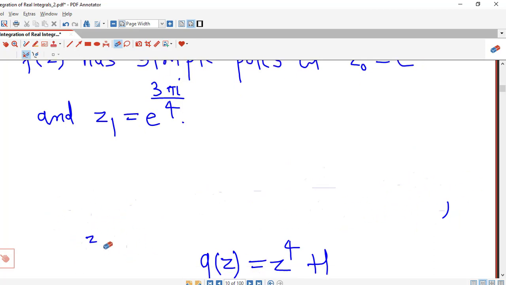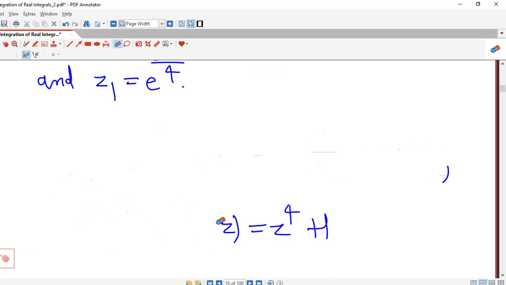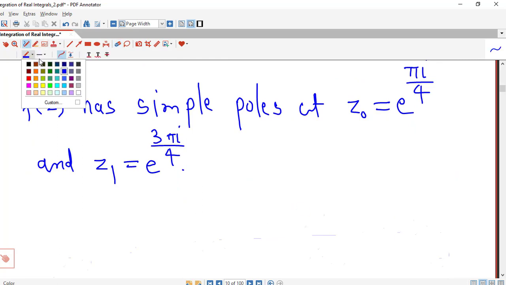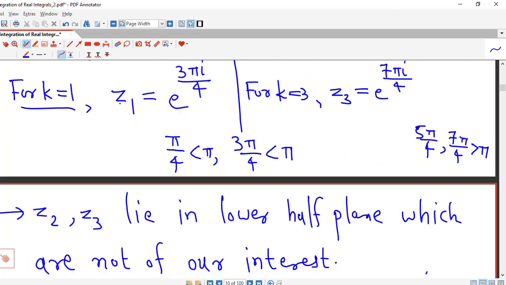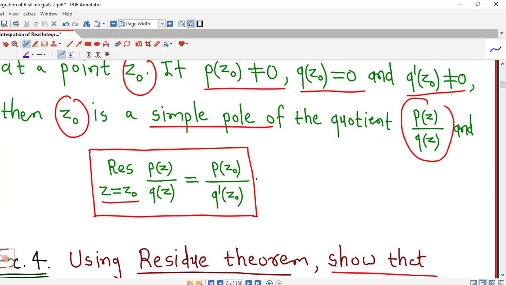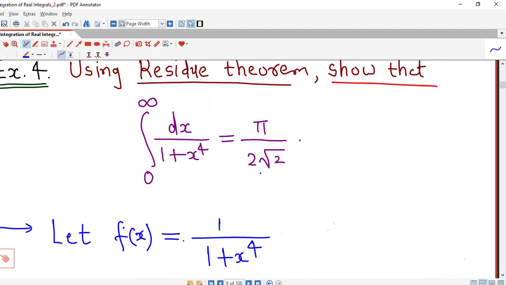So now we calculate the residue of f of z at z0 and z1. So now we will use this result, that the residue of p of z over q of z at z equal to z0 will be equal to p of z0 divided by q dash at z0.